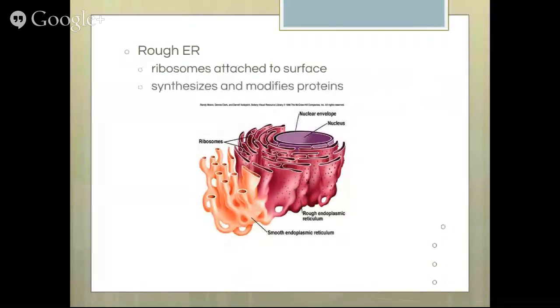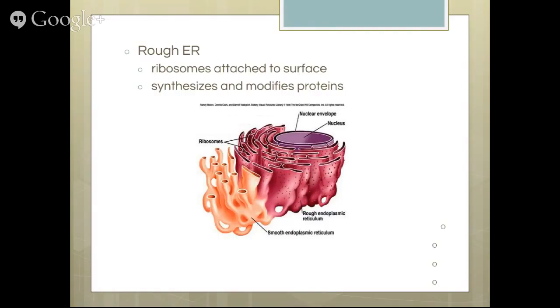The rough endoplasmic reticulum, in this picture, is shown closer to the nucleus. It may be further out; it just depends on the individual cell. It has ribosomes attached to the surface. Because it has those ribosomes, those little pieces of protein attached to it, it looks very rough, like it has nodules on it.